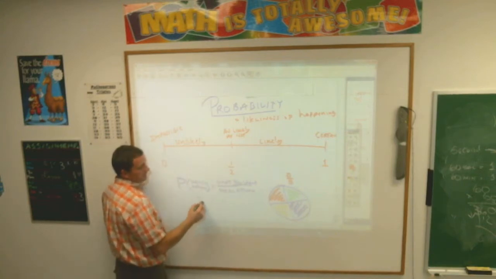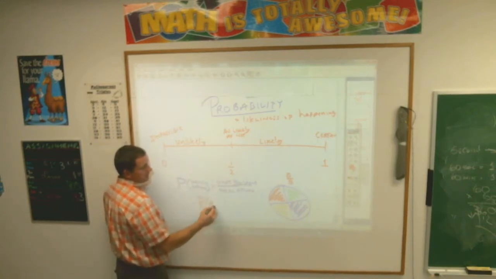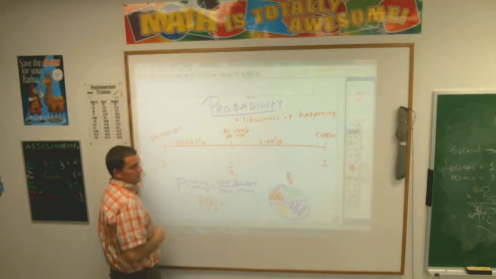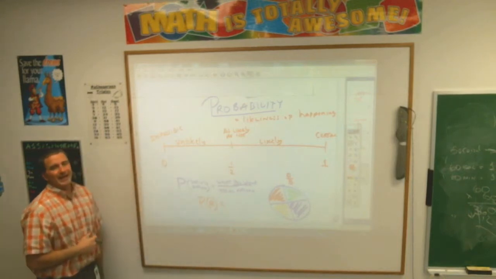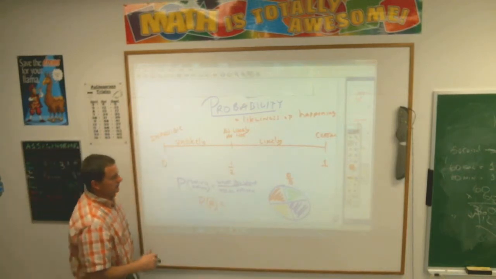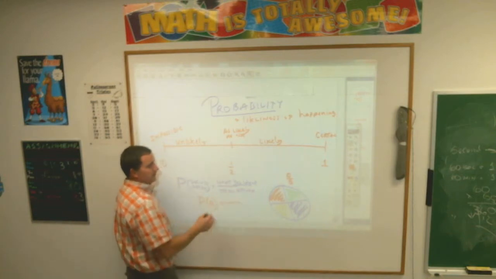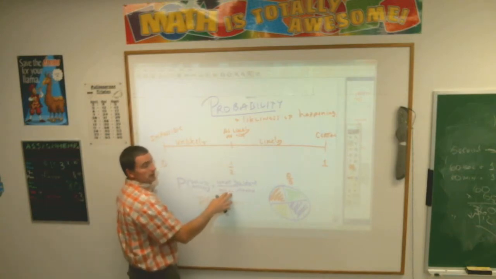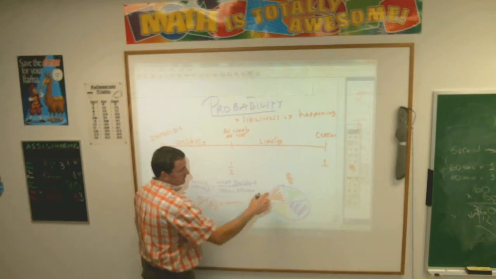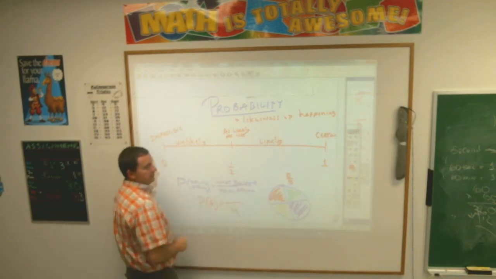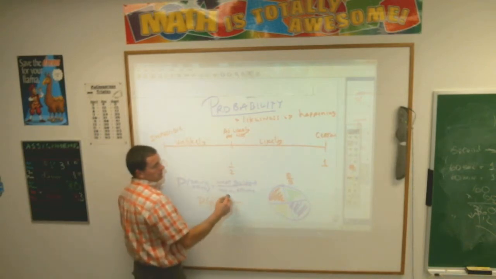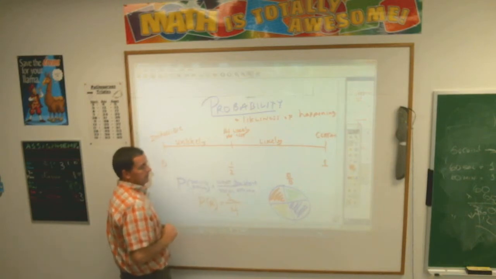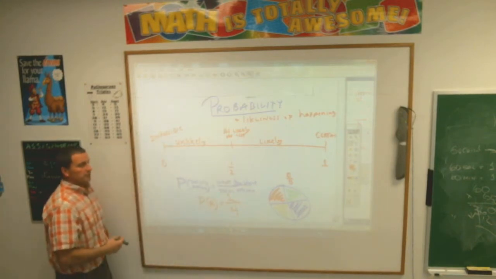If I asked you the probability with an R in there, what do you suppose that means? Probability of spinning a red, abbreviated there. So making my fractions, how many total equal pieces are there here? 4. How many of them are red? 1. So 1/4.